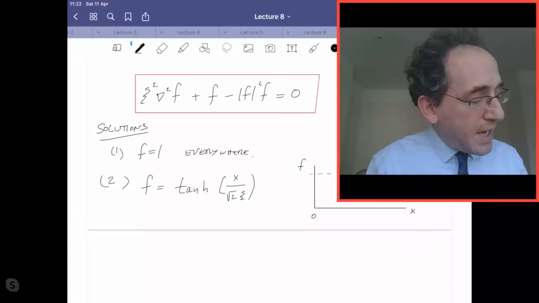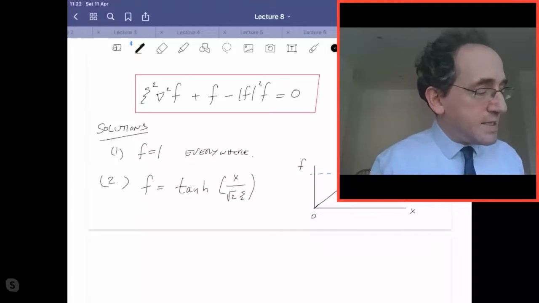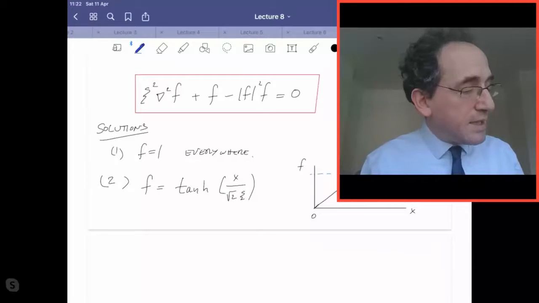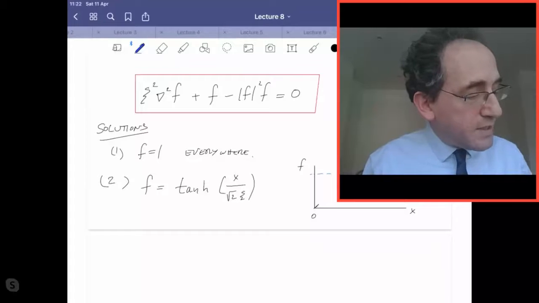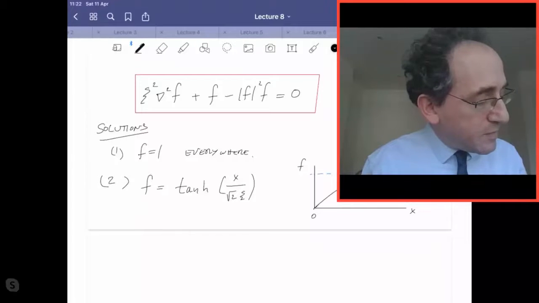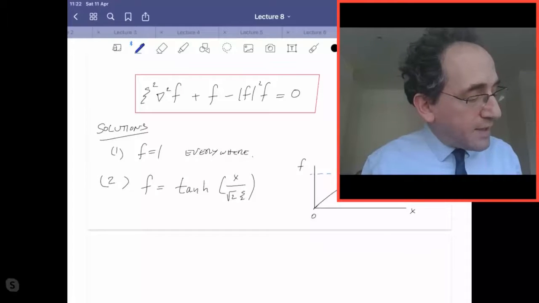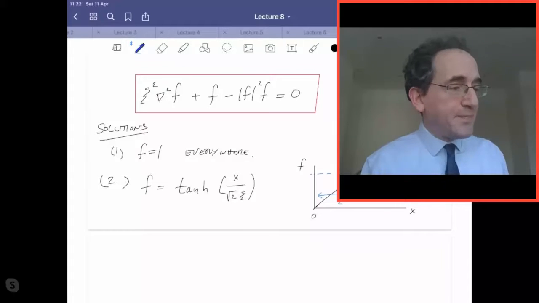And then we have a tangent, which starts by growing linearly and then converges to this line. Let me draw that more like a tangent, kind of like this. Okay, and the healing length of this tangent is psi.